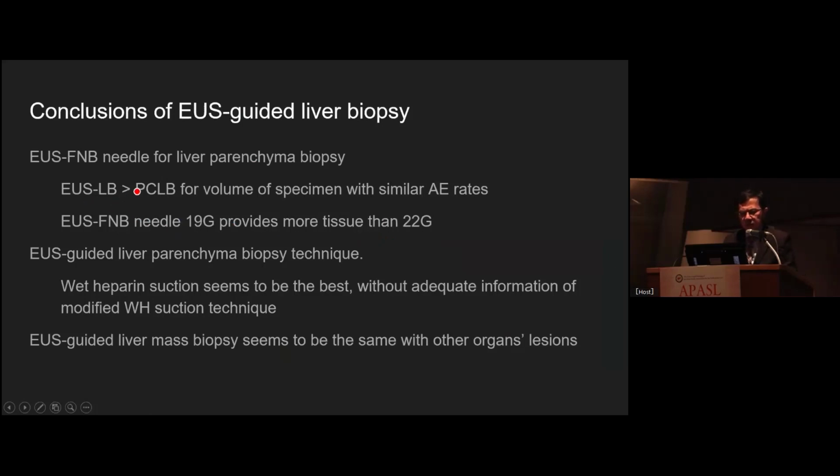I'm sorry, this one is percutaneous liver biopsy gets more tissue. This is on the opposite side. For EUS guided liver parenchymal biopsy, the wet heparin suction seems to be the best at this time. However, there is not much information to compare with the modified wet heparin technique. And EUS guided liver mass biopsy seems to be the same as with other organs. The difficulty is identifying the lesion.